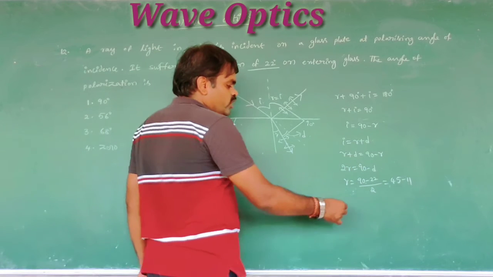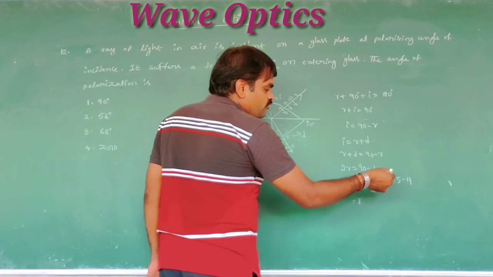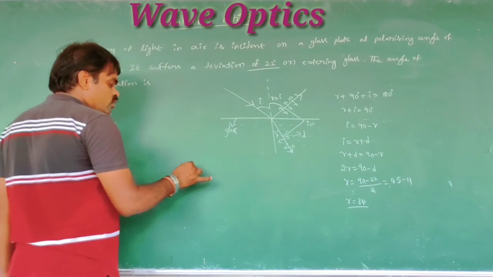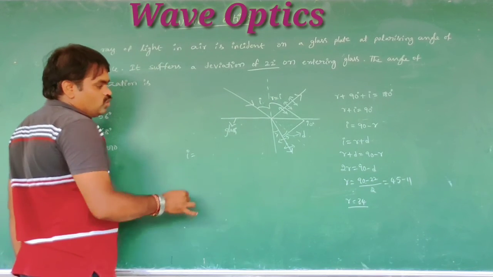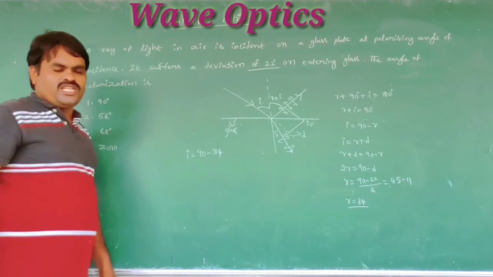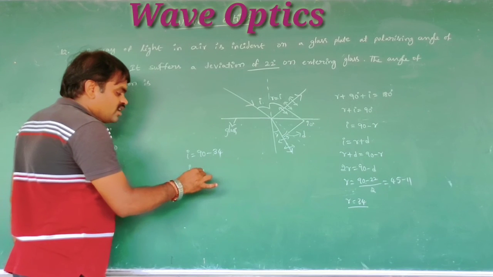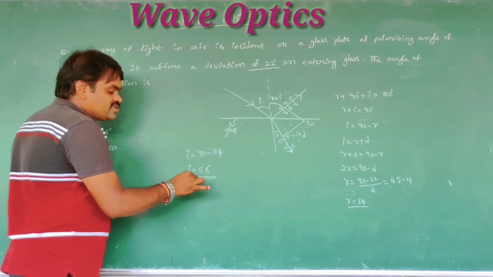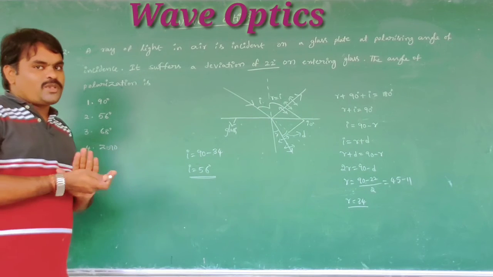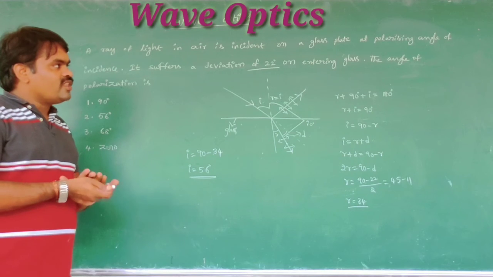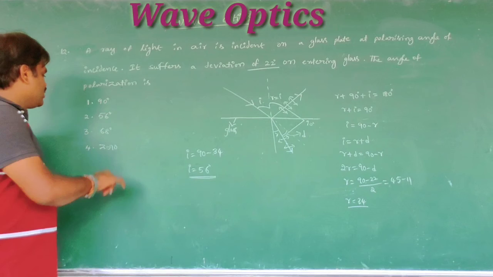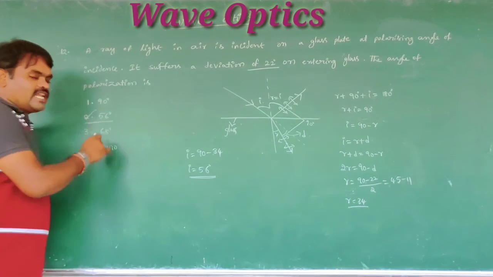Then subtraction gives 34. R is 34. R is 34 means the angle of incidence I is equal to 90 minus 34, which is 56. That is the angle of incidence or angle of polarization is 56. At the same time they are asking indirectly the angle of reflection, which is also 56. That's why the second option is correct.